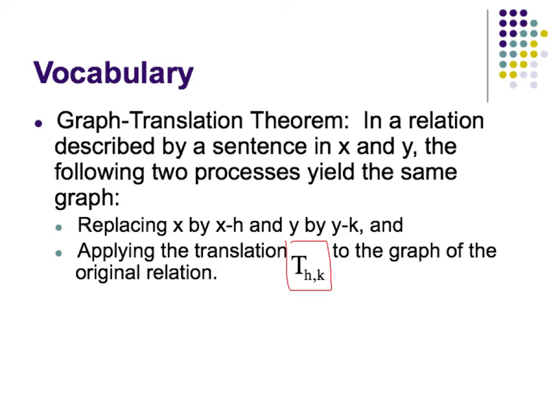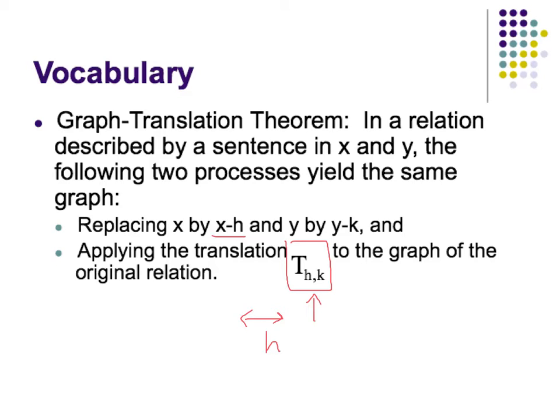Now the first thing I want you to notice is this notation, okay? H is all about horizontal movement. So if you subtract a positive number from h in the equation, that will result in movement to the right. Whereas if you subtract a negative number, which is like adding a number to x, that will result in a slide to the left that many places.